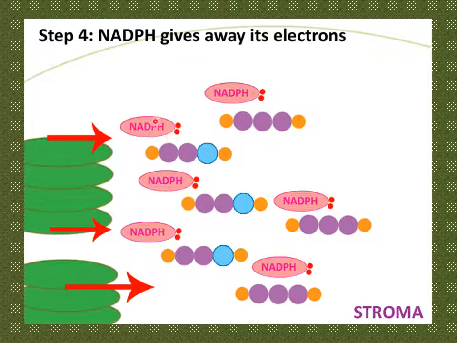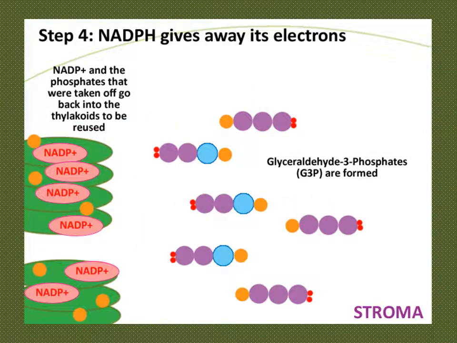NADPH is then going to come from the thylakoids with its little electrons. These little red dots represent electrons. It's going to donate those electrons into your BPGA molecule. When it does that, the electrons will pretty much pop off those extra phosphates, and those phosphates return to the thylakoids along with the NADP+, so that they can be reused.